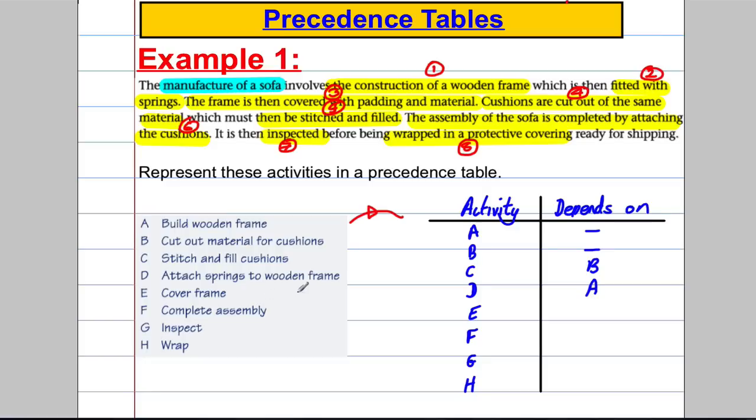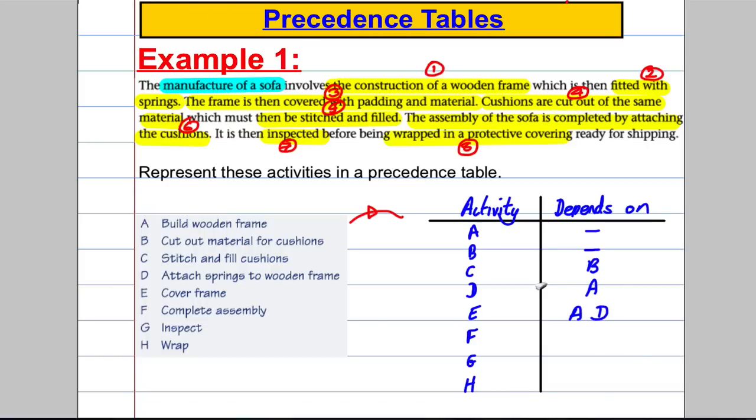Now activity E, we have to cover the frame. So the frame is covered after the frame's been built and been fitted with springs. So what we could do is E could depend on the frame being built and it being attached with springs. Now, don't actually write that down.